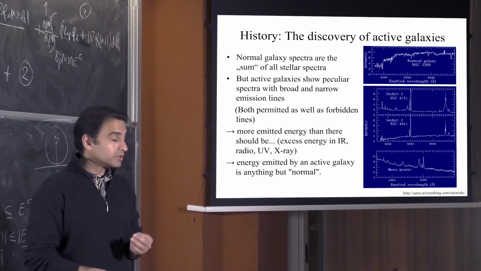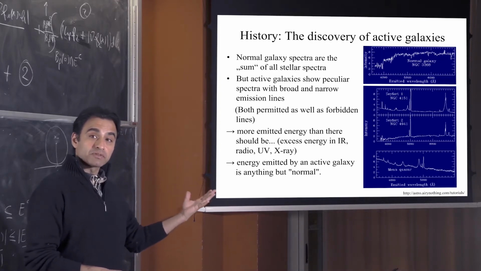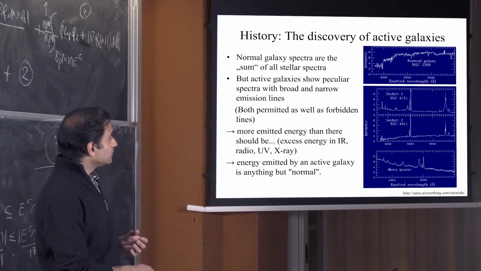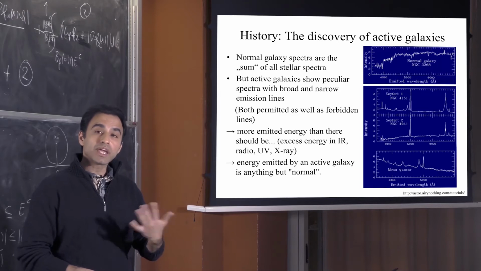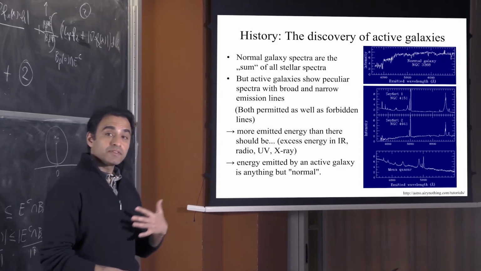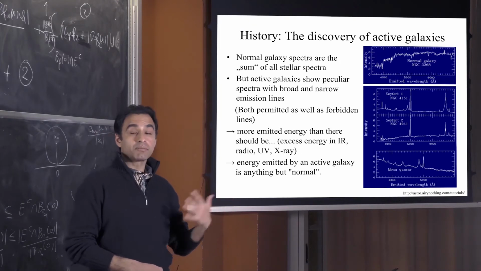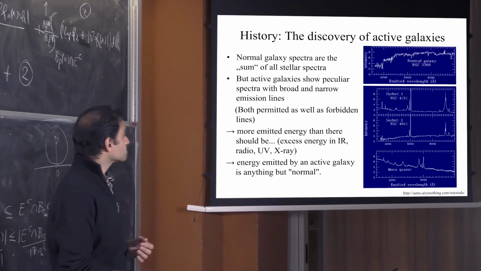So astronomers usually, especially in the optical, when they do optical measurements of the active galaxies, define type 1 and type 2 AGN depending on if their emission lines are broad or narrow, respectively.